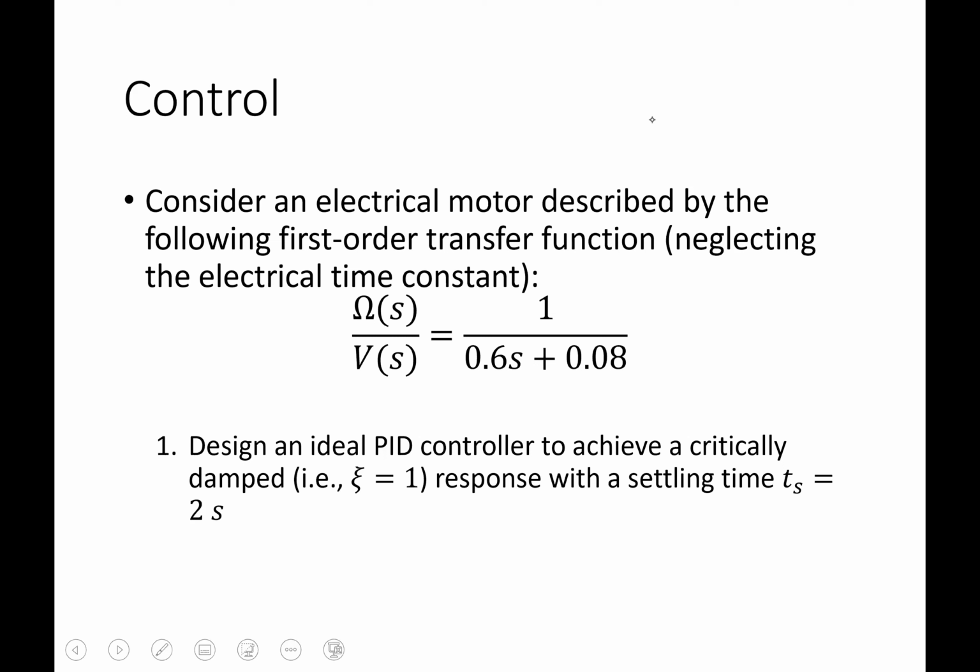So let's read out the example of control. In this kind of exercise, when we talk about control, we're talking about, for example, the kind of problems that the professor solved during the lab session, which was basically controlling an electric motor, designing a controller for an electrical motor.